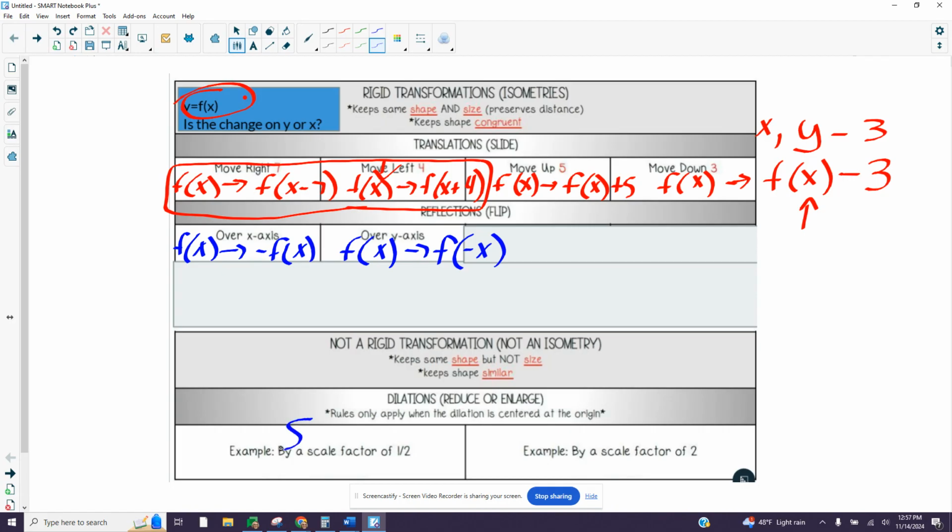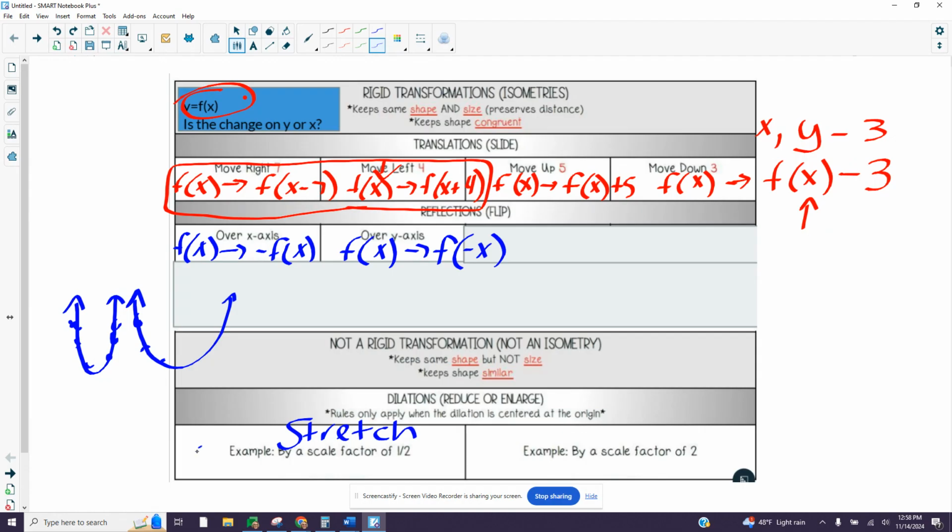So this is a stretch here, because it's going to take you longer. Say you have a parabola and you had all of these points here and that they are being divided by 2, it's going to take you longer to get to those points because you're climbing slower. So that's why your graph is going to be stretched out.